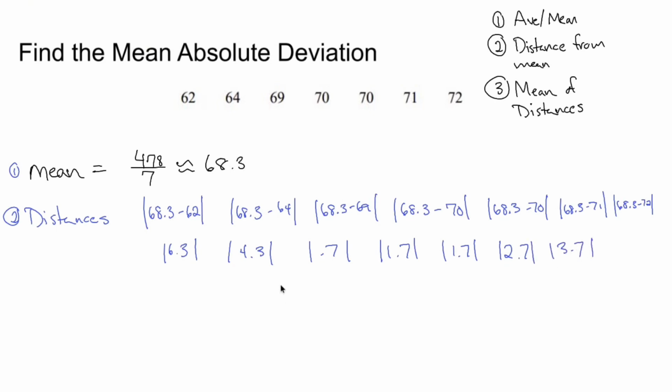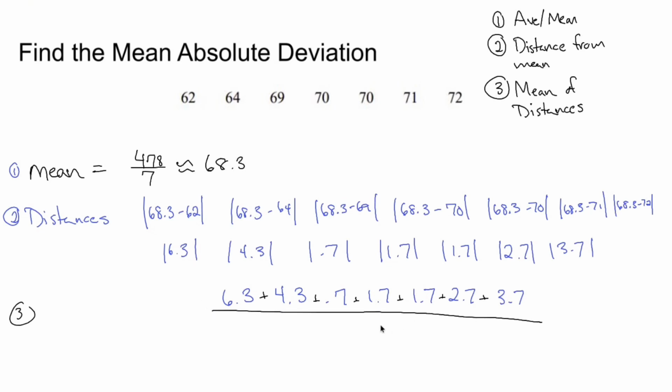So I take all of these distances, right? 6.3, 4.3, 0.7, 1.7, 1.7, 2.7, and 3.7, and I do step 3 and find the mean of all of that. So step 3 is going to have me add these 7 numbers and divide by 7.